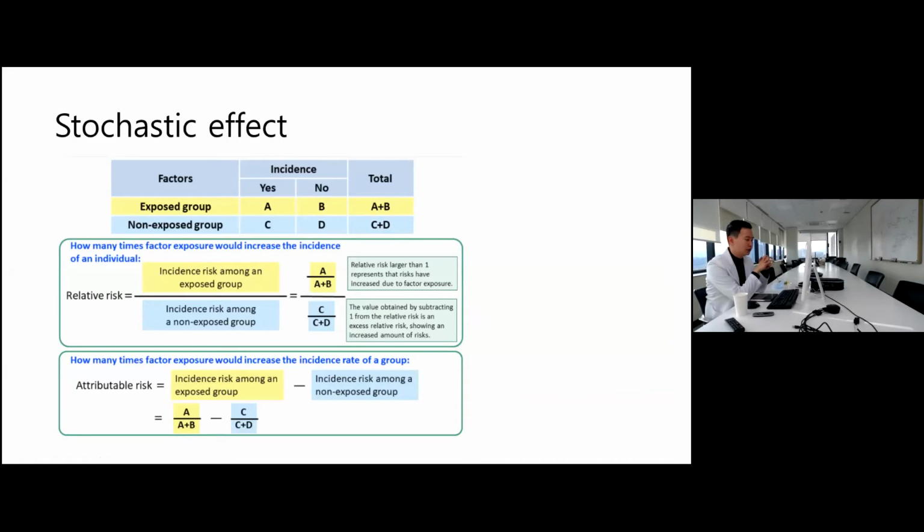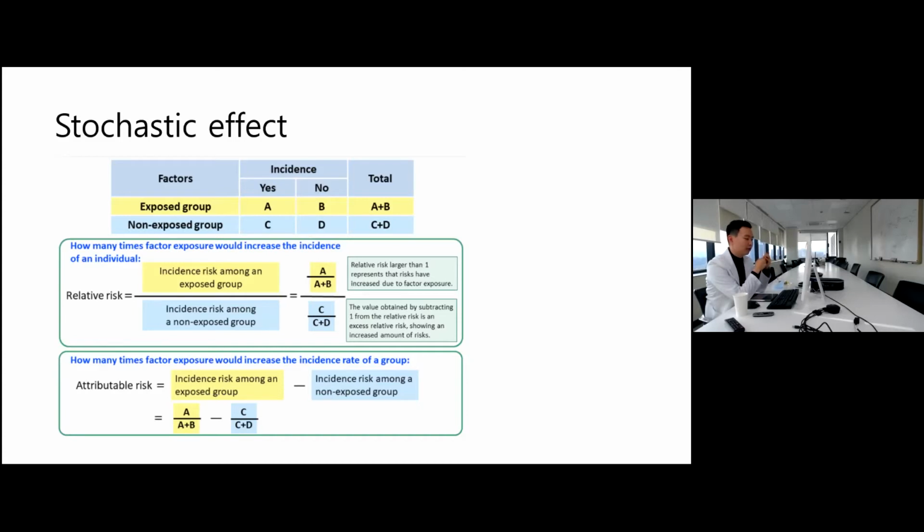Firstly, the relative risk represents how many times a certain factor increases the risk of an exposed individual, so it focuses on the individual developing a disease.